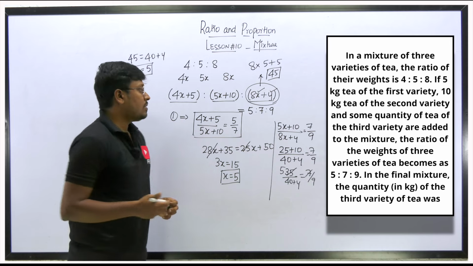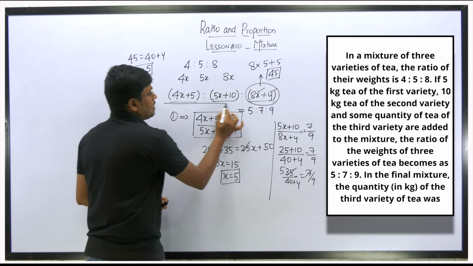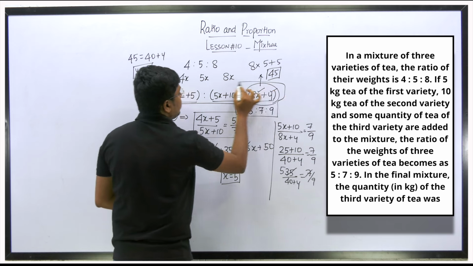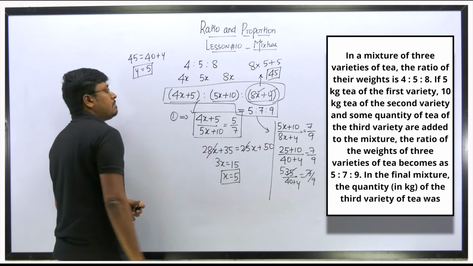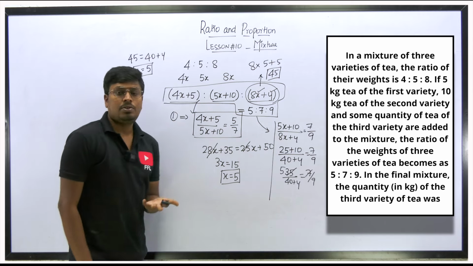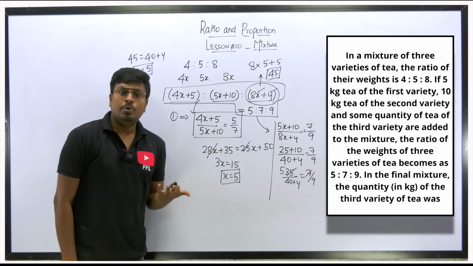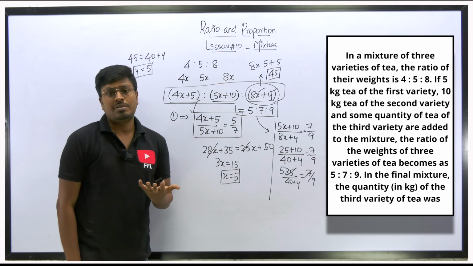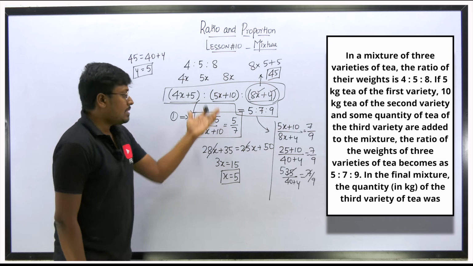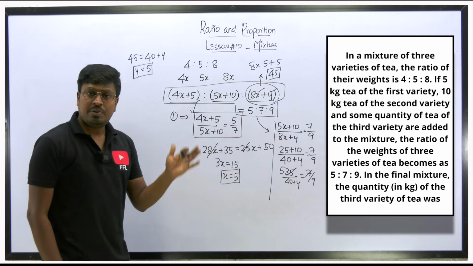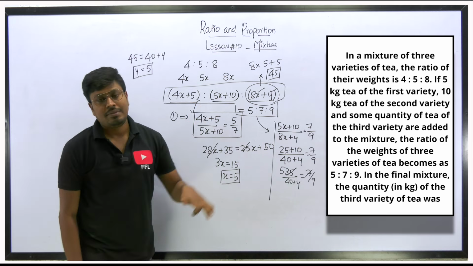Understood or not, right? This is the most important part, and I have told you how to apply these 2 areas, because in lesson number 2 I think, I don't know exactly lesson 2 or lesson 3, I told you if there are 3 ratio values or 4 ratio values given, how to find the value of x. The same concept I have applied here, initially to find the value of x and then to find the value of y.